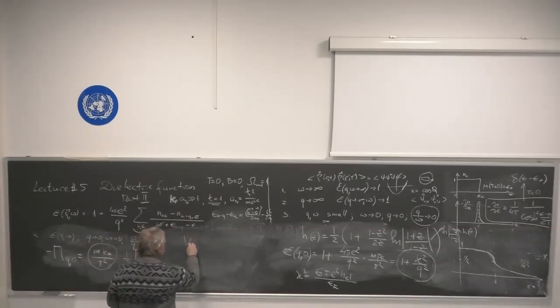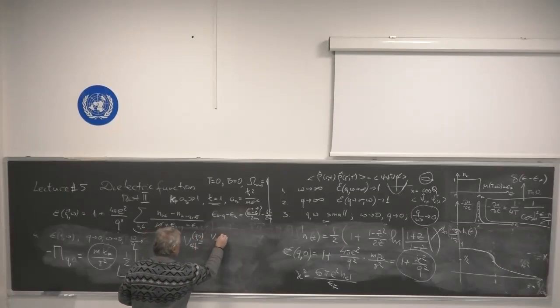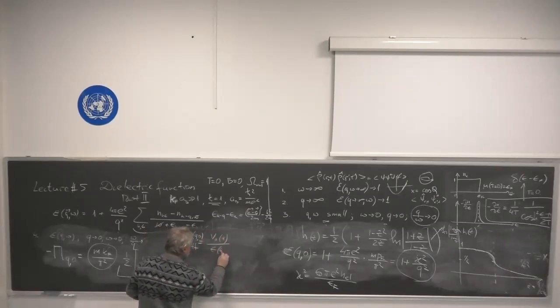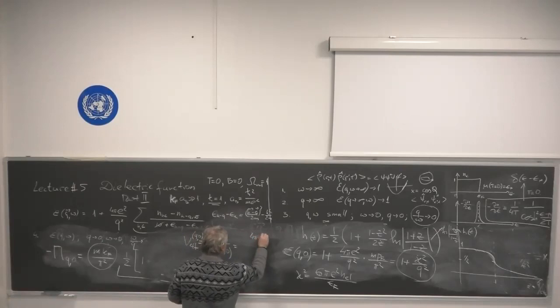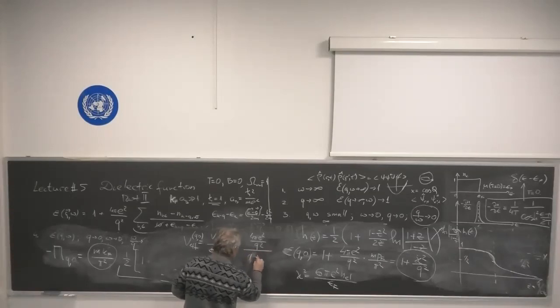The effective interaction is equal to V naught, the static effective interaction, V naught of q divided by epsilon of q, 0. I plug in this epsilon, so this is 4 pi e squared over q squared divided by 1 plus kappa squared over q squared.